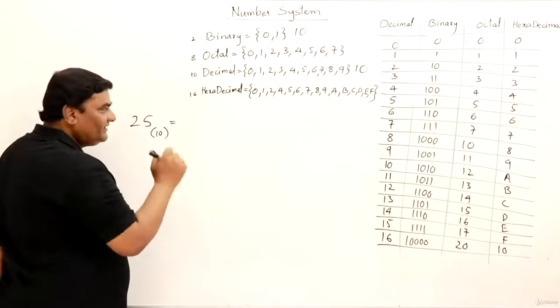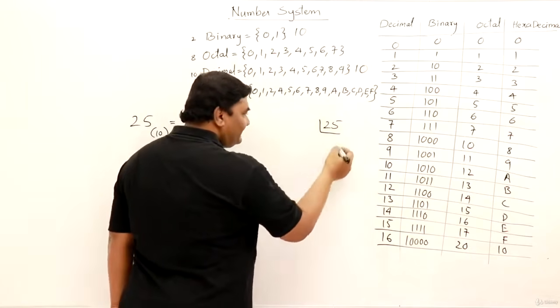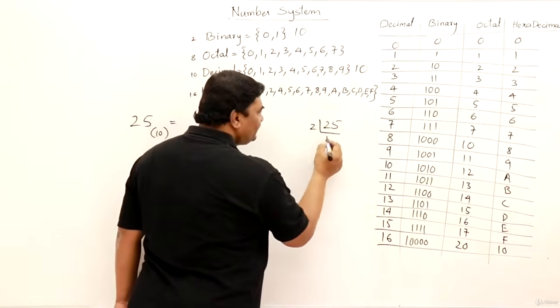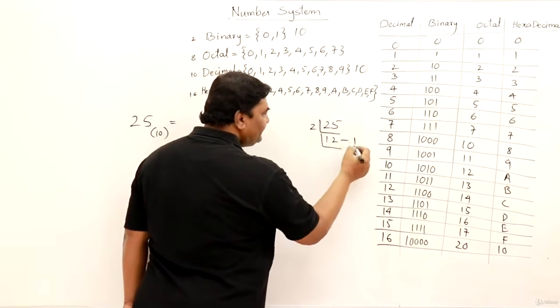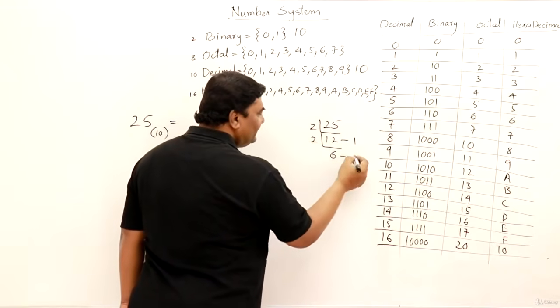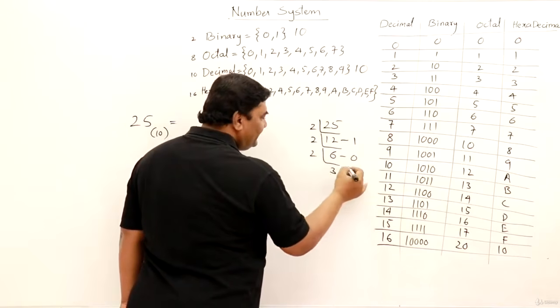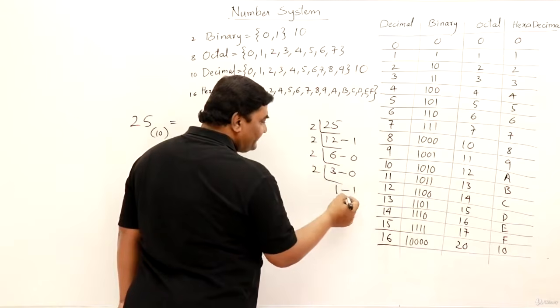Then, how to convert into binary? The method is, we successively divide it by 2 to get the binary form. 2 ones 2, 2 twos... So, 2 12s, 24, remainder is 1. 2 6 12, remainder is 0. And 2 3s 6, remainder is 0. 2 ones 2, remainder is 1.